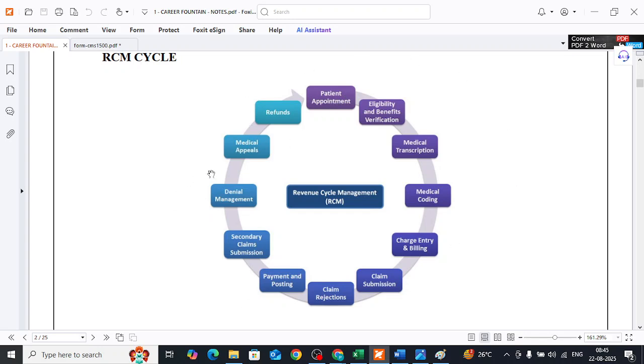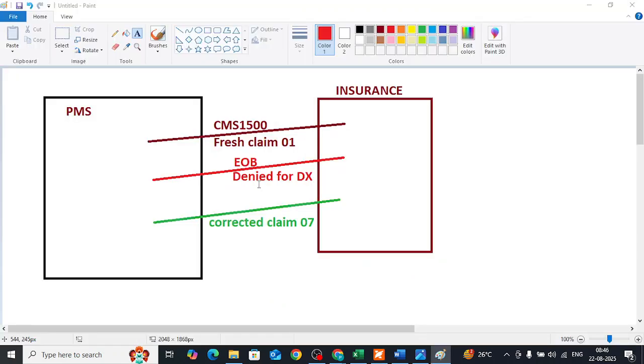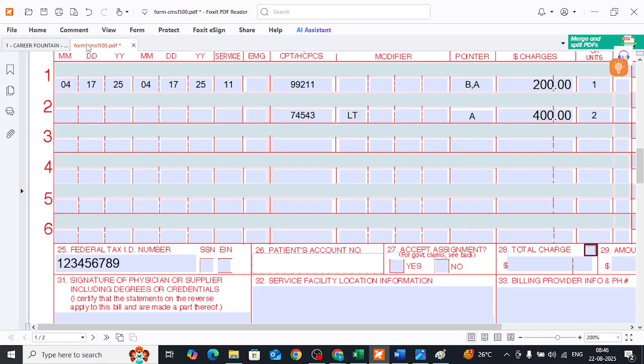The same account will be used, only the new visit will be added under the same account. So the account number is the unique account number for every patient in our application, and that account number will go on the claim form, so that if we receive any EOB, then our payment posting team will post that into the correct account.